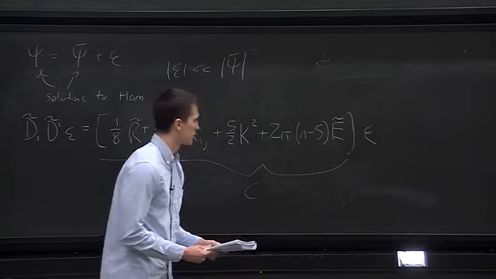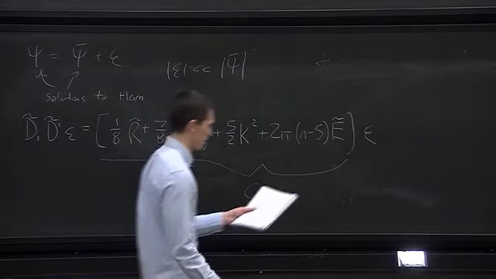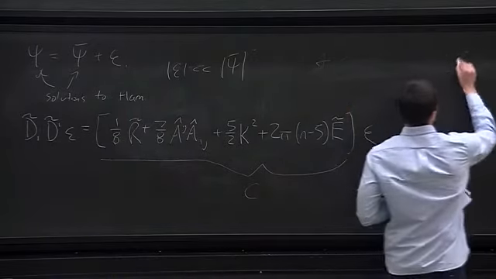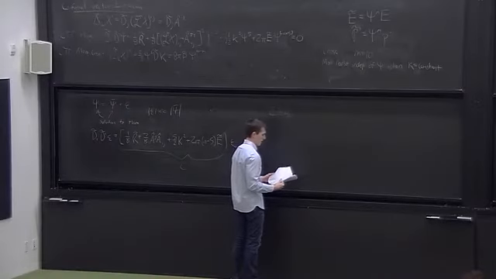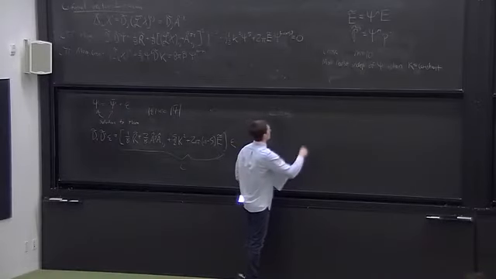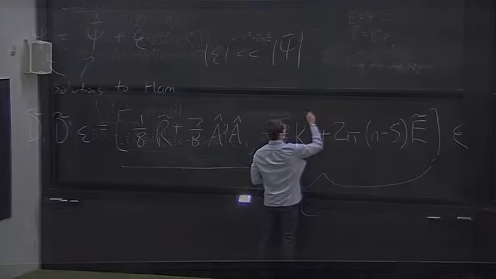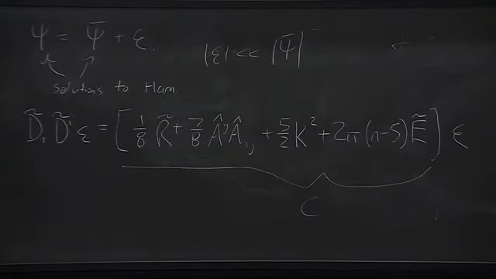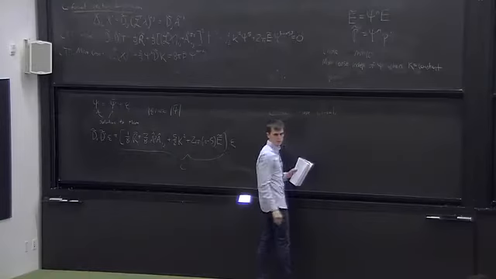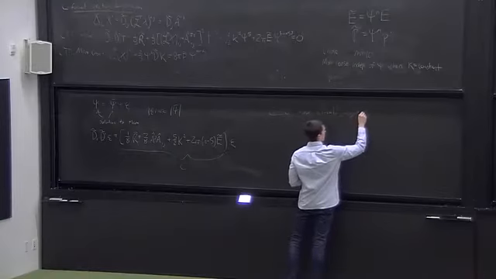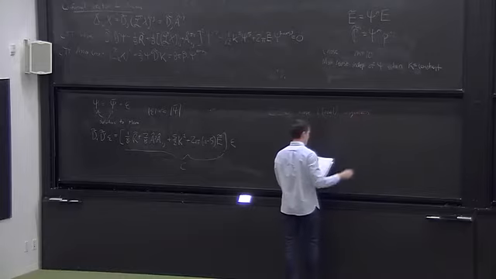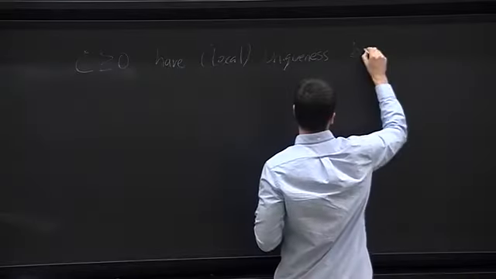And then what we can do is basically argue that if C is greater than or equal to 0, then we actually have at least local uniqueness, because we're only looking for nearby solutions. And it follows by the maximum principle.